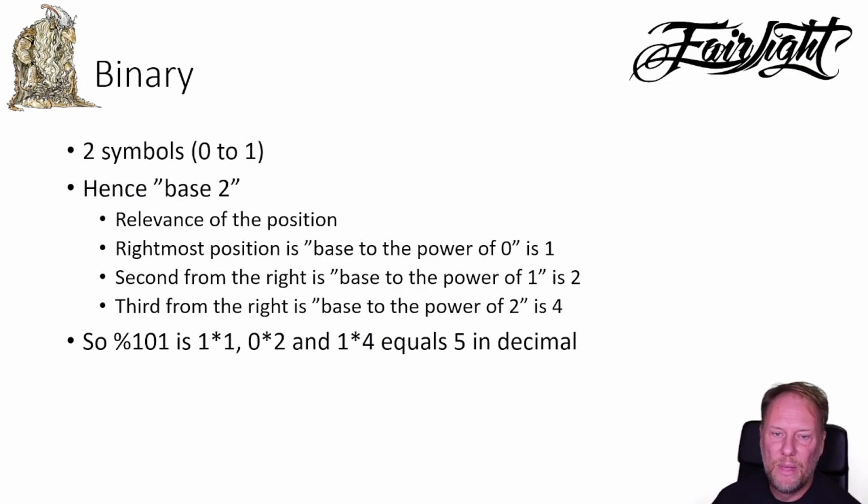Third is the base to the power of 2, which is 4. So if you take the number, and I express it here with a preceding percentage sign, which is a common way to indicate that you are referencing binary, %101 is 1 times 1, 0 times 2, and 1 times 4. And that means 5 in decimal, if you want to express it in decimal.